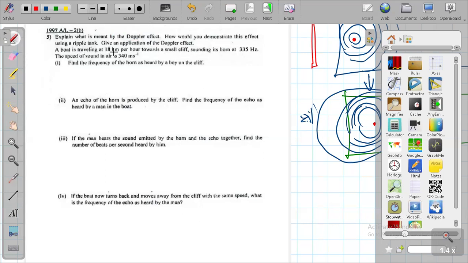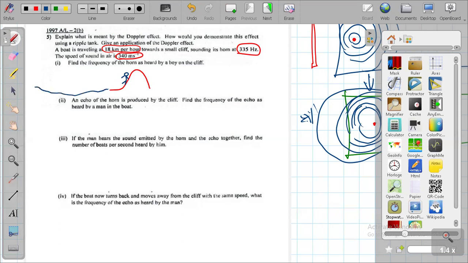Now a boat is traveling at 18 kilometers per hour towards a cliff, sounding its horn at 335 hertz. The speed of sound in air is 340 m s^-1. Find the frequency of the horn heard by the boy on the cliff. There is a certain boy here, waiting for that boat to come.